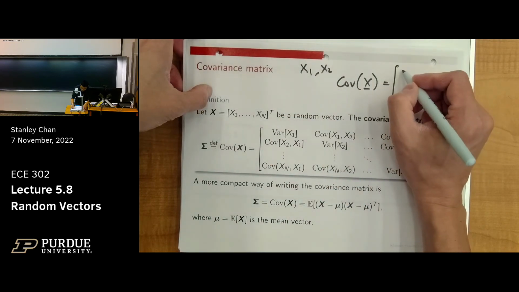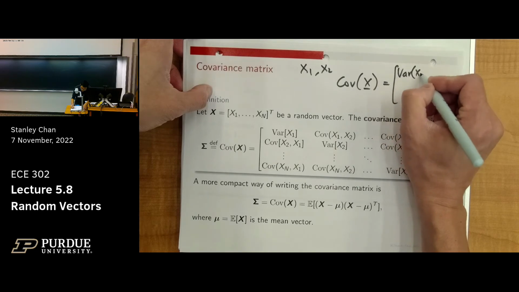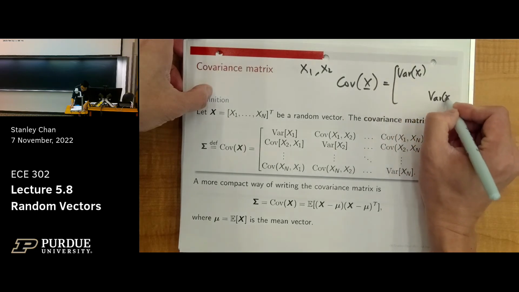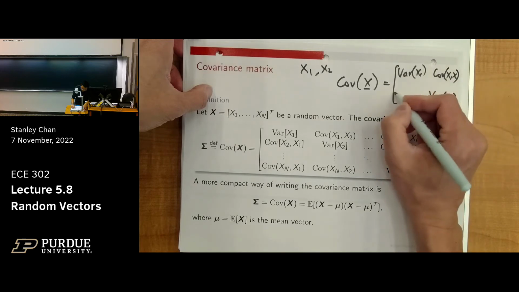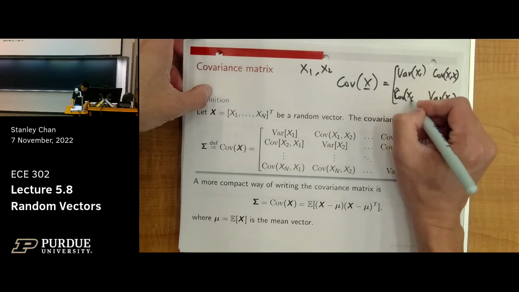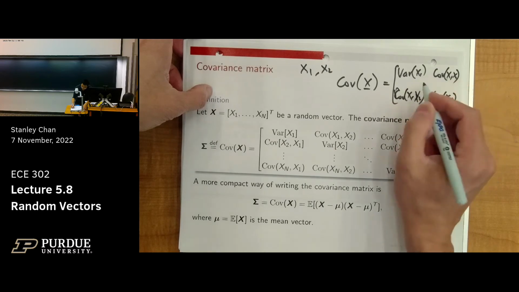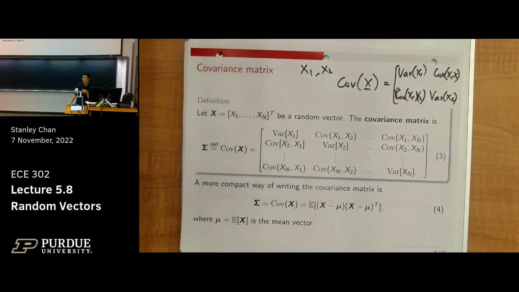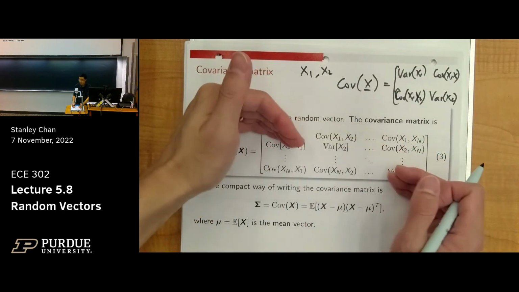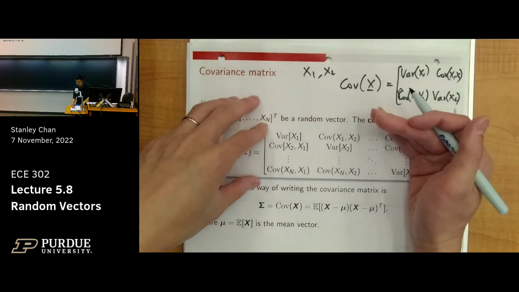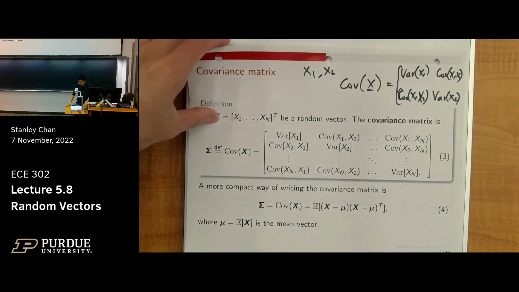Then it will be variance of x1, variance of x2, and then here will be covariance of x1, x2, and then covariance of x1, x2. These two have to be the same because covariance of x1, x2, and x2, x1, they're the same. So you have a symmetric matrix. Okay, symmetric matrix. This half will be the same as the lower half.